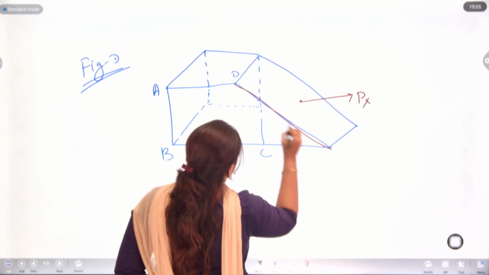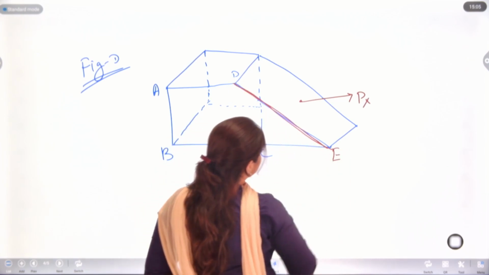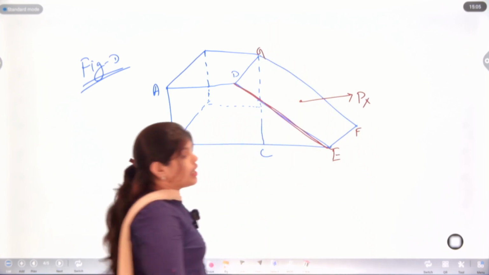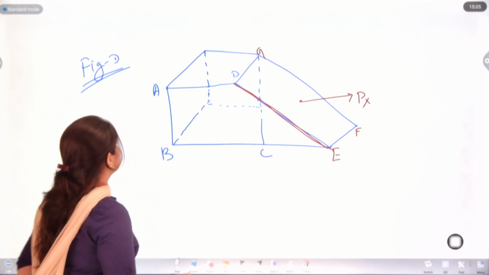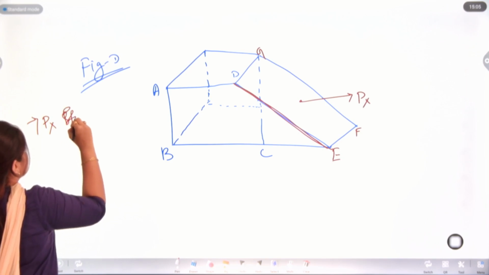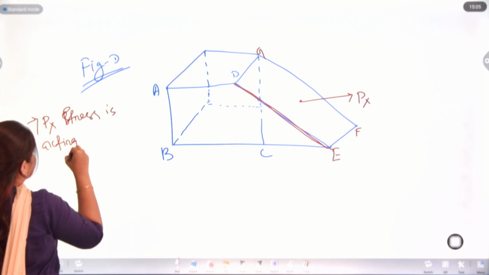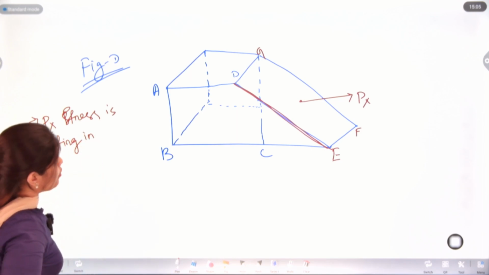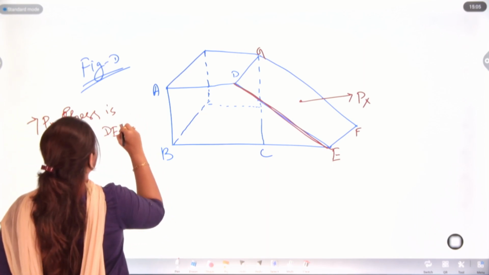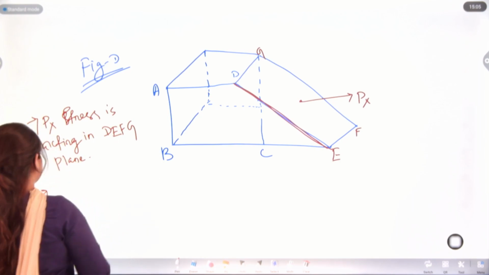In this plane. Let it be D, E, F, G. The Px stress is acting in D, E, F, G plane.